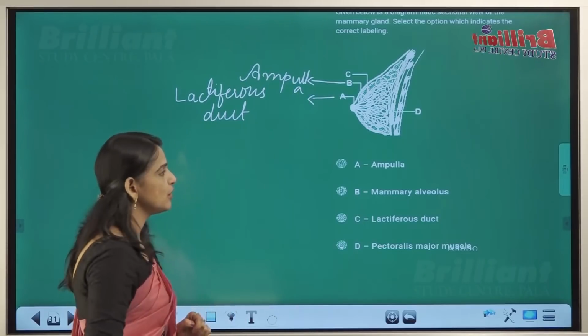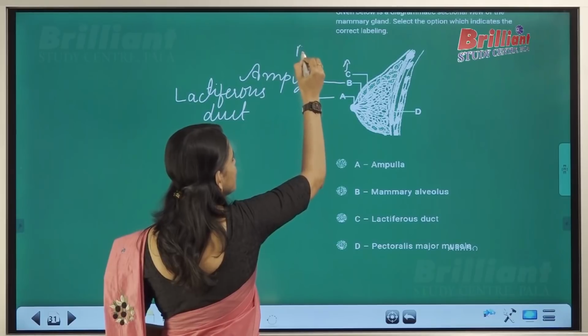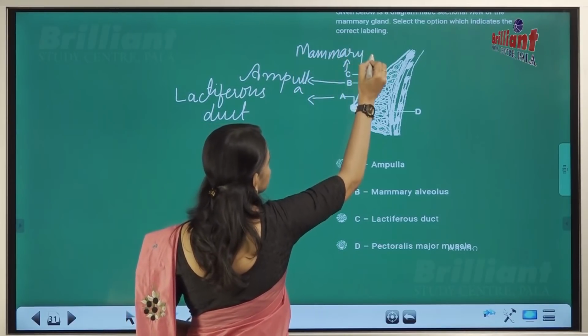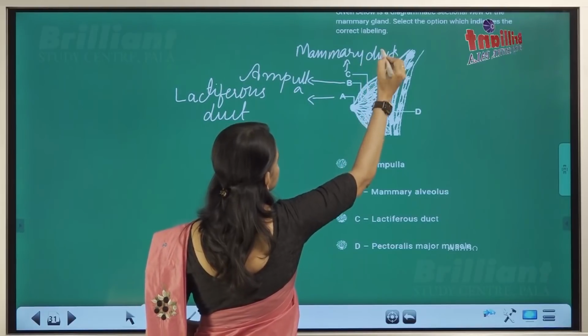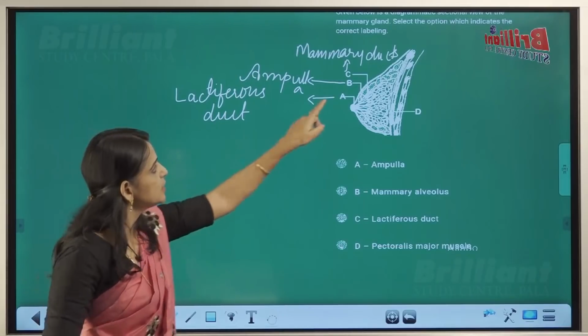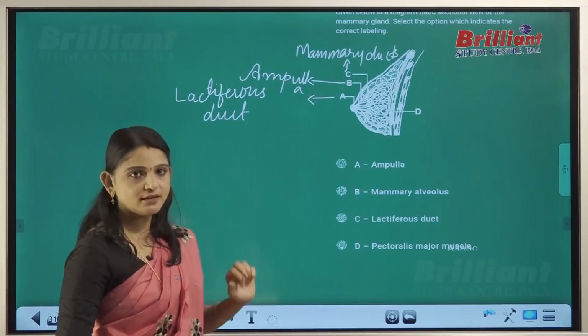B is ampulla. And what about C? C indicates mammary ducts. I'll explain once again. A indicates lactiferous duct, B indicates ampulla, and C indicates mammary ducts.